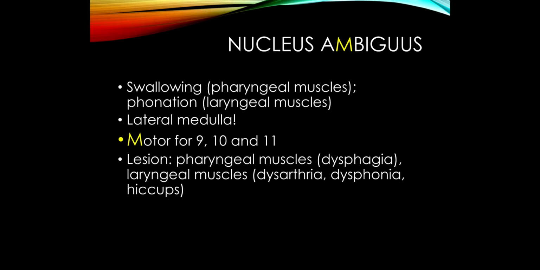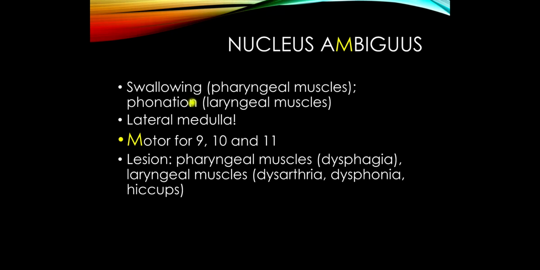So in a little bit, we'll talk about lateral medullary syndrome because the nucleus ambiguus is in the lateral medulla. A major part of lateral medullary syndrome is that these patients' talking is often hoarse and slurred, and they swallow very poorly. They're at high risk for aspiration, which is when you drink or eat something and it goes down into the lungs because the swallowing mechanism is distorted.